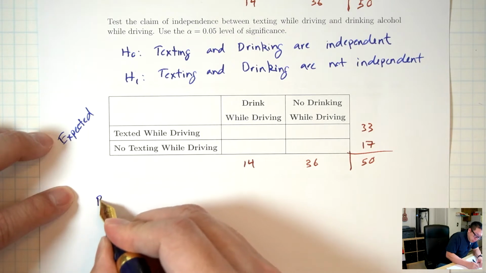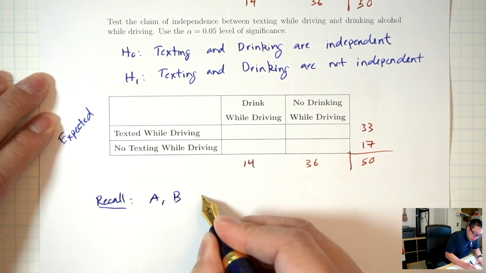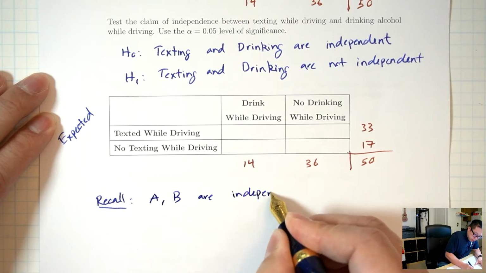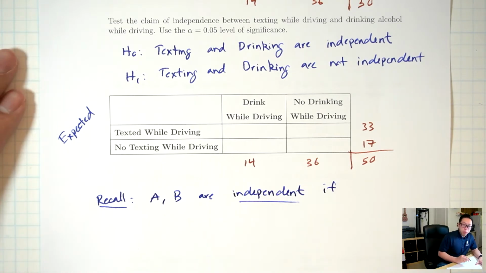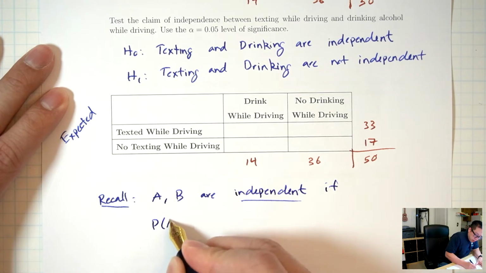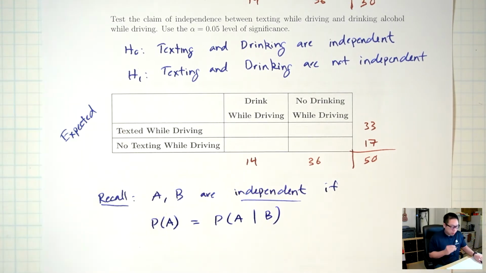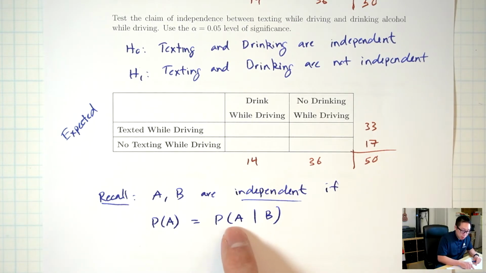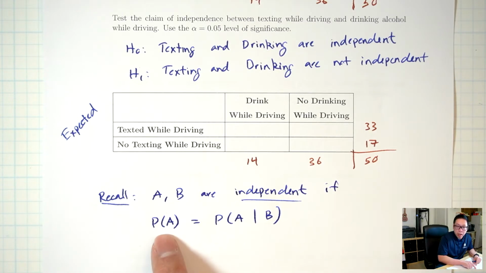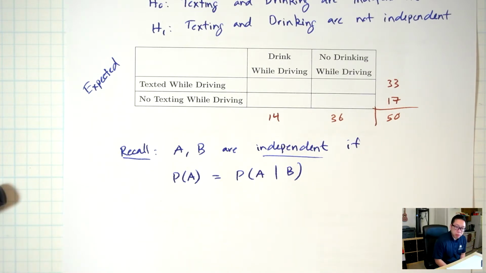So recall that two events A and B are independent if, and we had a math definition for this, P of A equals P of A given B. And all this is really saying is that adding on this given B part doesn't change the probability of A. So A, given knowledge that B happened, is the same thing as just regular A. So that's what it means for B to not have any relationship with A at all, or B doesn't affect A at all.